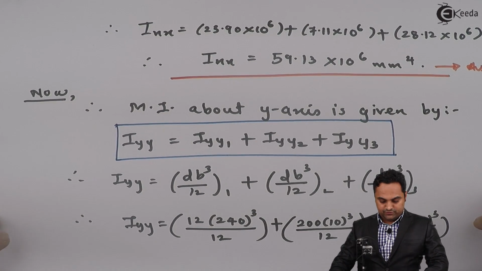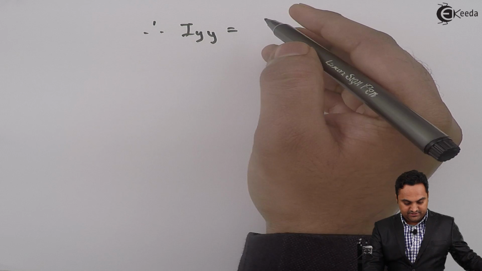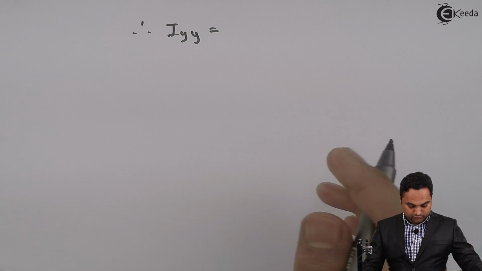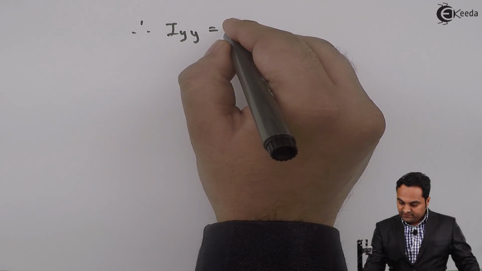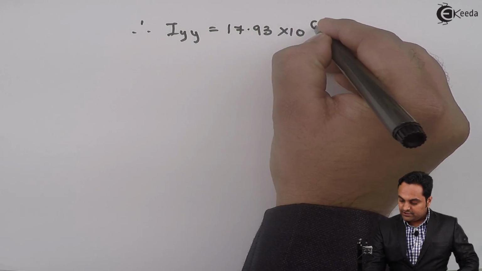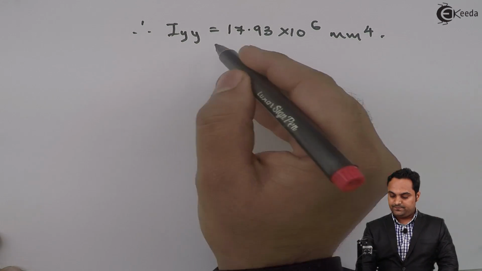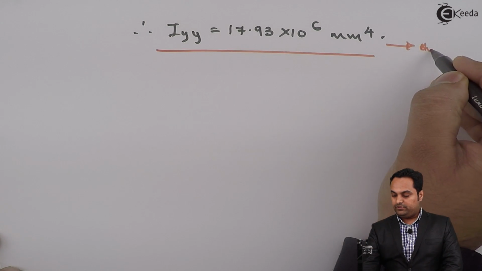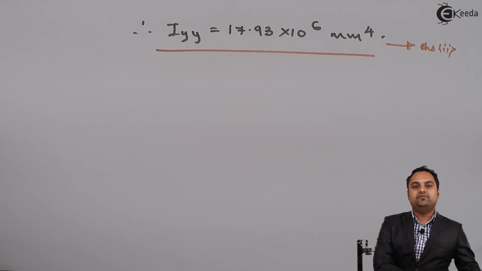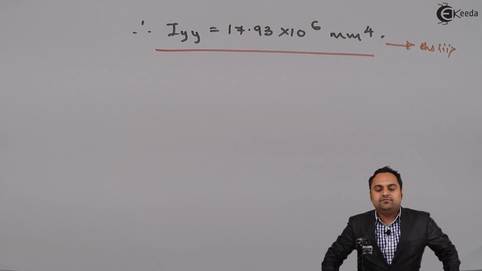After adding these values, we'll get Iyy, and the answer comes out to be 17.93 into 10 raised to 6 mm raised to 4. So this is the second answer. And if we look into the question, there were two things asked, Ixx and Iyy for the unsymmetrical I section, and we have found out both the values, and with this we complete the question.